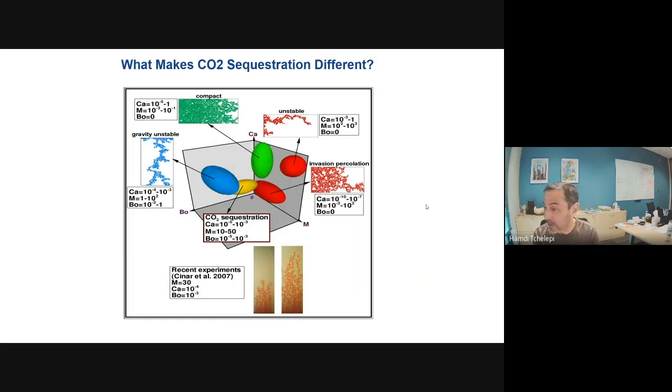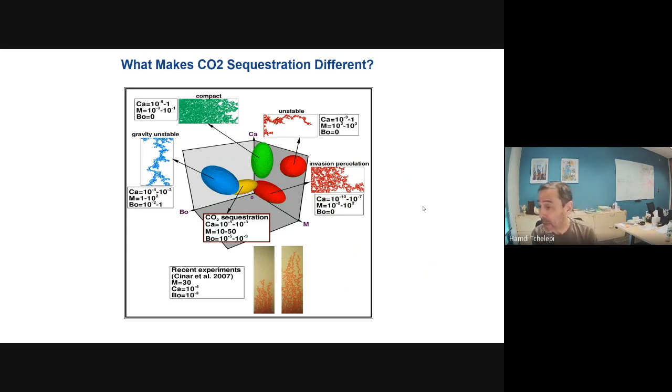So a little more physics into the problem. Take the mechanisms at play here. As I mentioned, we have multiple fluid phases with differing densities and viscosities competing for the pore space. The parameter space of the physics, in its simplest form, requires at least three dimensionless groups to describe the dynamics.